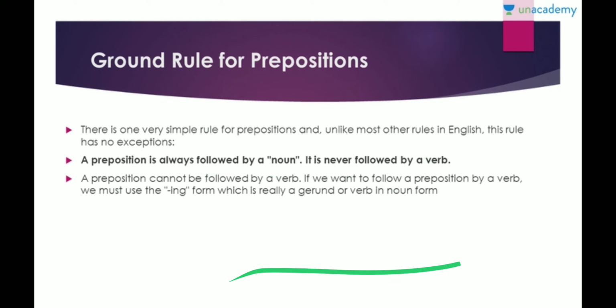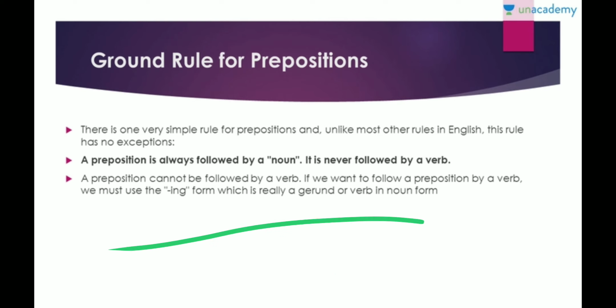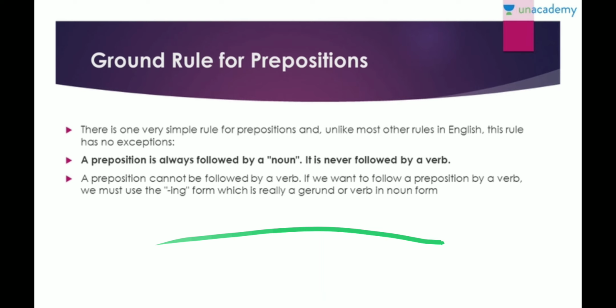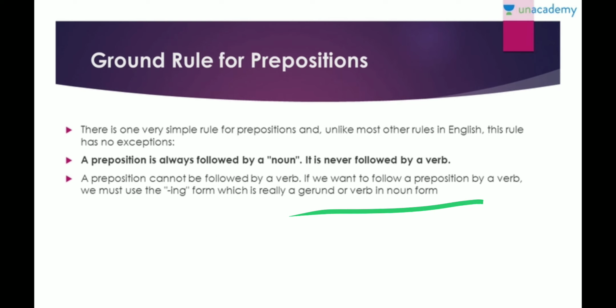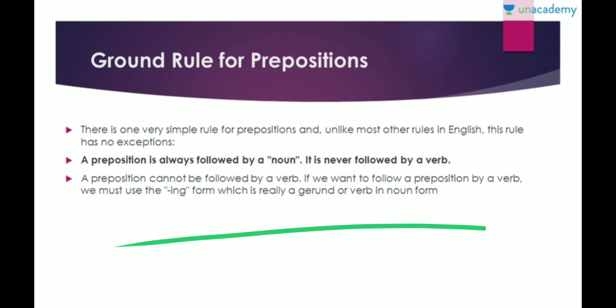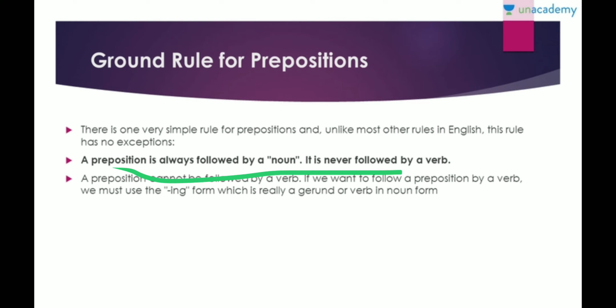If we want the preposition to be followed by a verb, we must use the ing form, which is really a gerund, or verb in noun form, which we will understand in subsequent lessons. So a preposition is always followed by a noun, never by a verb.